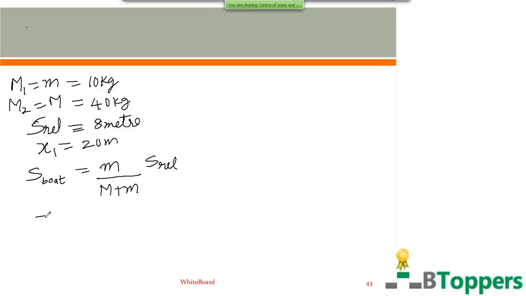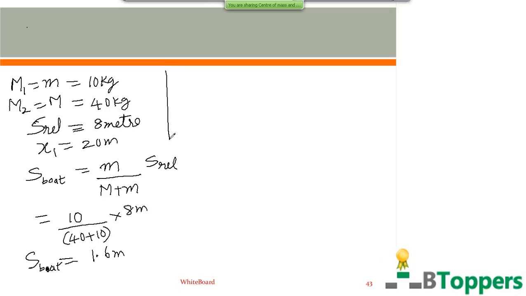Here small m equals 10 kg, capital M equals 40 kg, and the magnitude of the relative displacement is 8 meters. So the magnitude of the actual displacement of the boat with respect to a stationary observer on the shore is 1.6 meters.